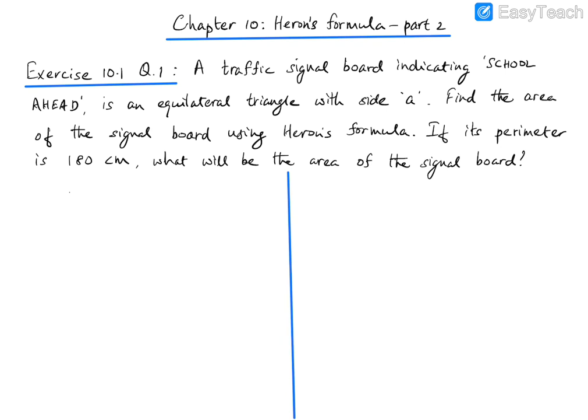Okay, so first of all, we are given that the length of the side is A units. Let us first write down Heron's formula. Area of the triangle equals the square root of S into S minus A into S minus B into S minus C. This is the general formula for calculating the area of a triangle.